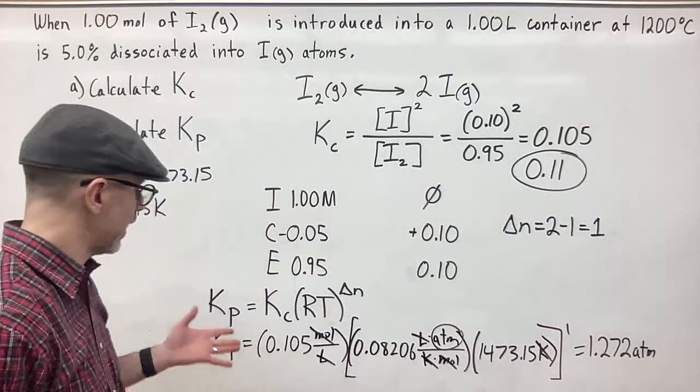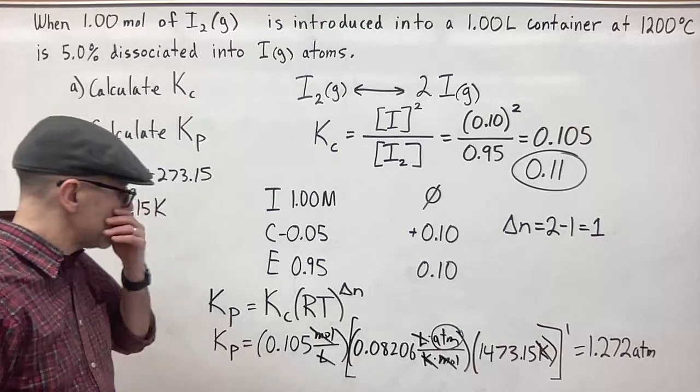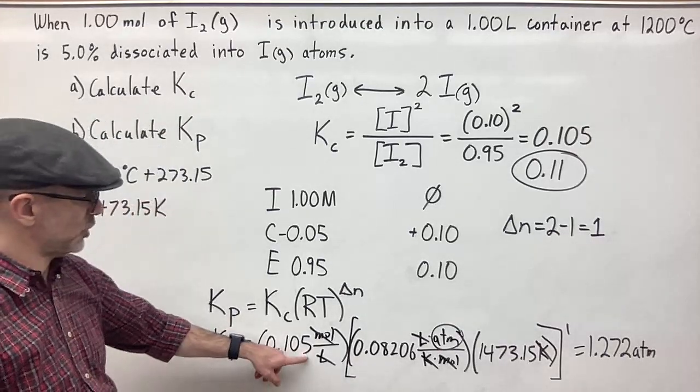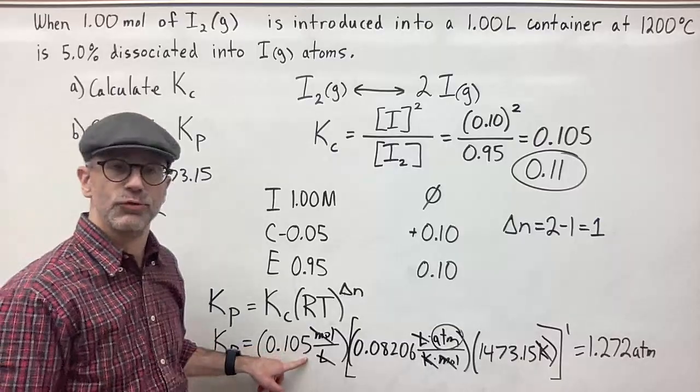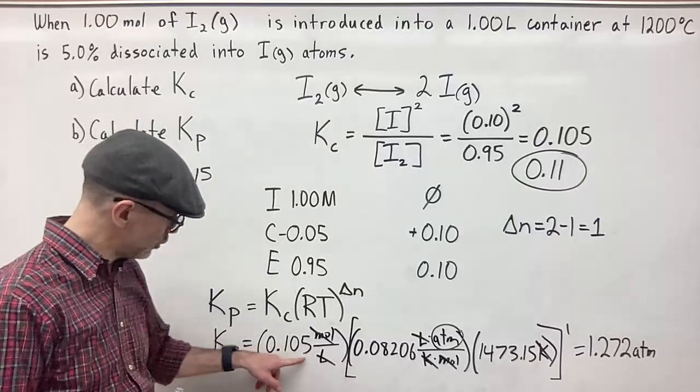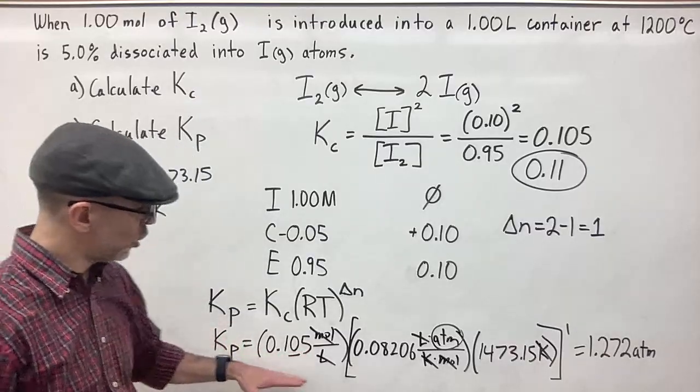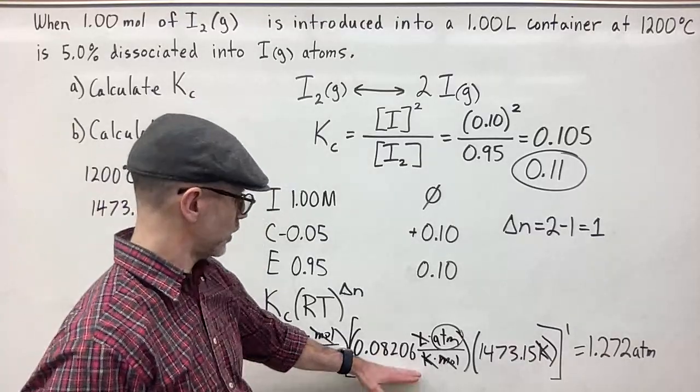Okay, and so again, sig figs are important. So remember, we only have 2 sig figs here. We kept an extra digit to avoid rounding error. So we have 2 sig figs here, right? So it ends there. And so this is 4 sig figs.